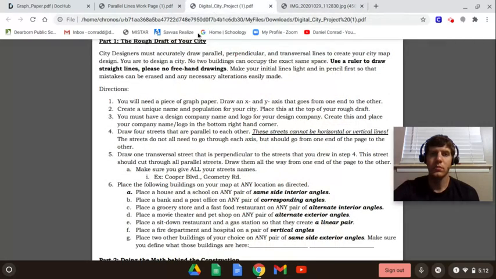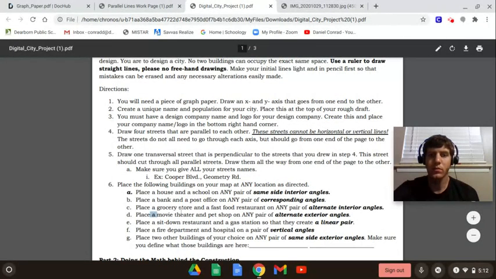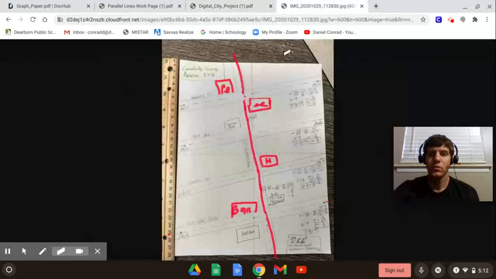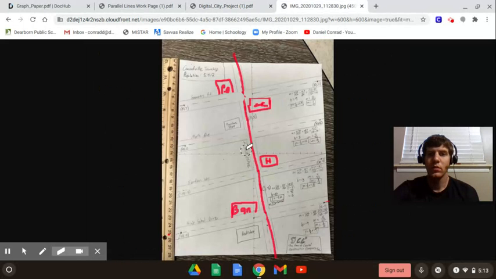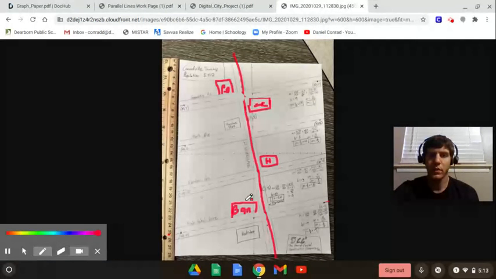Okay, so the next one we have here is alternate interior angles, a grocery store. So we need a grocery store at alternate interior angles. Grocery store and fast food restaurant. So let's put a grocery store and a fast food restaurant. Let's put them right here.